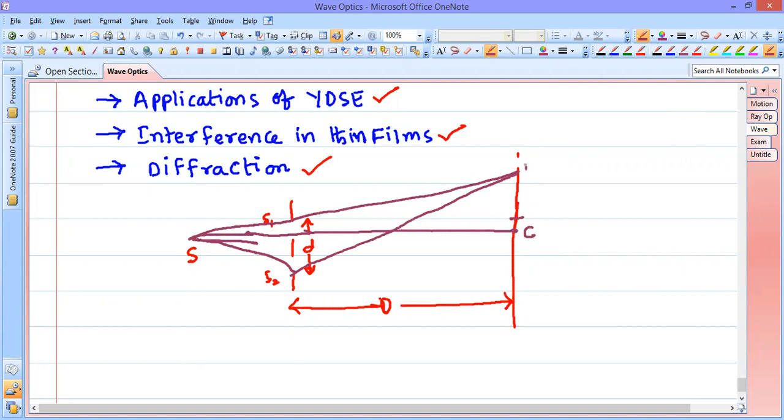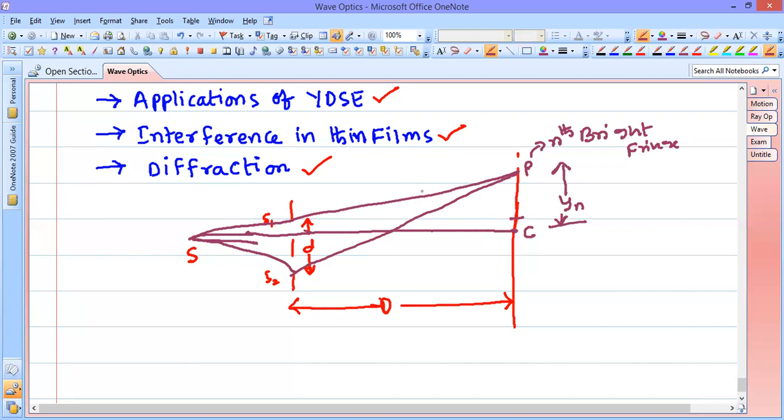Let us consider this point as P, the nth bright fringe. The distance between the central fringe and the nth bright fringe is yn.